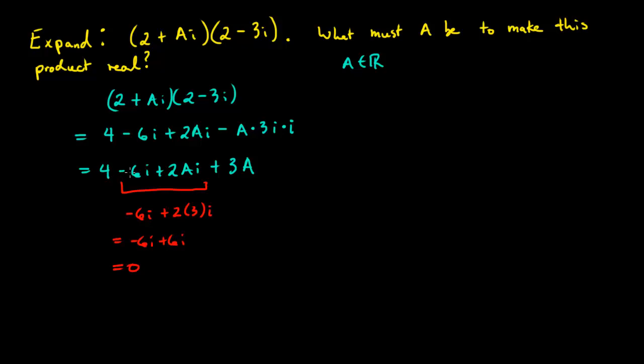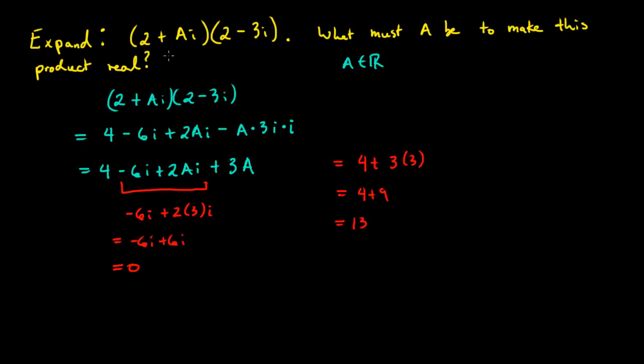And then the product would be 4 plus 3 times 3, because a would be 3. So 4 plus 9, which is equal to 13. So if a were equal to 3, this product would be equal to 13, because the middle terms would add to 0, and I would have no imaginary part. I would have a number that's just real.